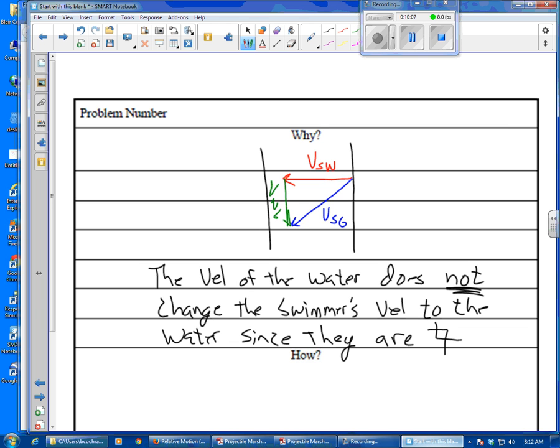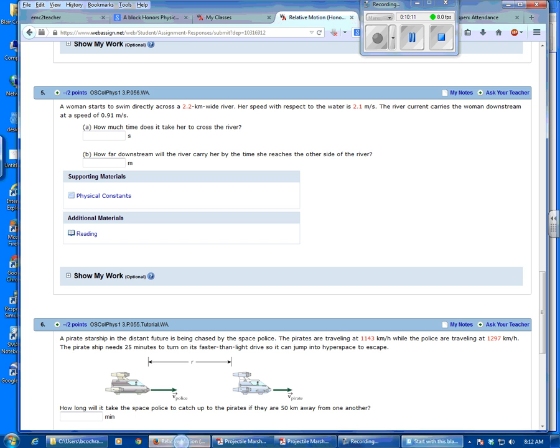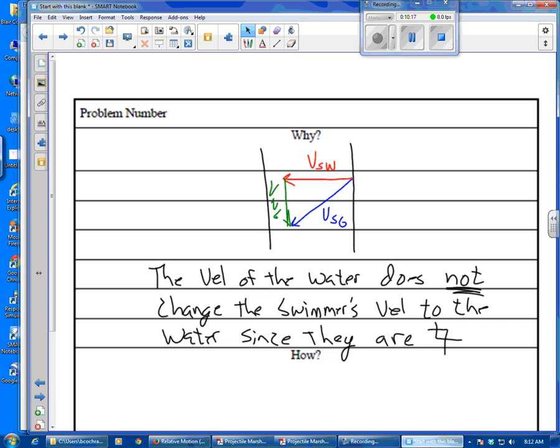So the question they're asking here is how much time does it take her to cross the river? Well, because she's heading straight across the river, the time to cross is going to be the same whether the river's pushing her downstream or the river was not moving, if it was ice or dammed up.